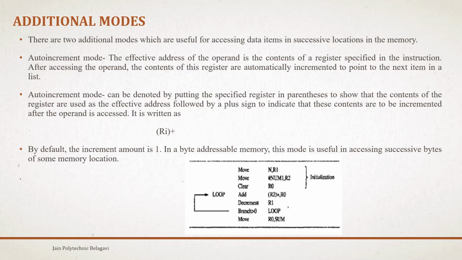After finding the operand, the value of R2 is incremented. That is, R2 was pointing to the number 1 address, and after incrementing it will point to the next number. The same goes for the second number. So this is how the additional modes work.